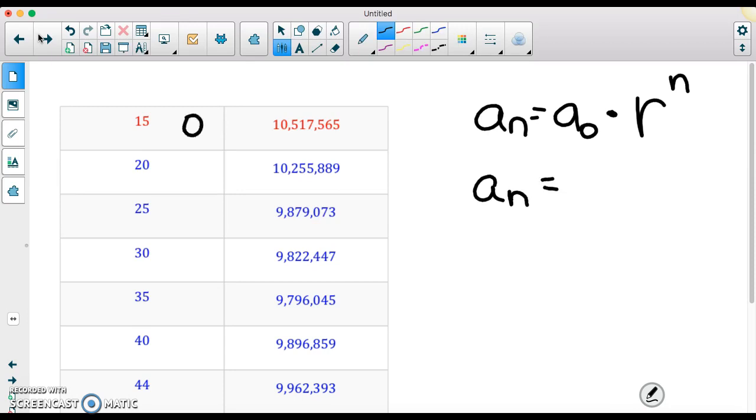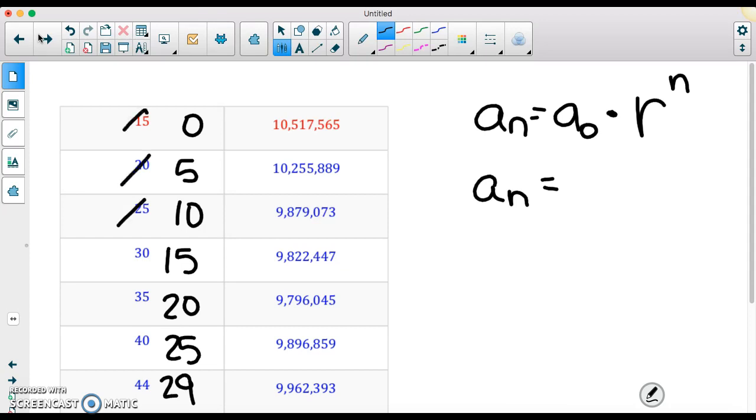So this would be 0, 5, 10, 15, 20, 25, 29. So just make whatever your first term is your 0 term. Then to find my ratio, I do this number divided by this number.